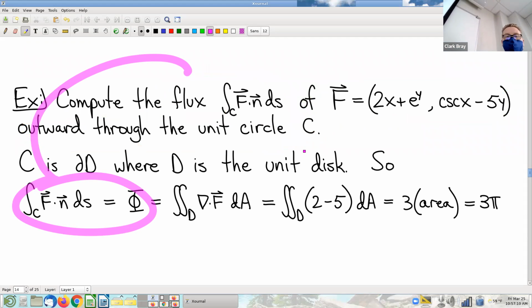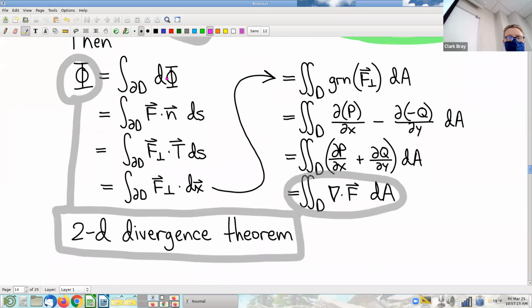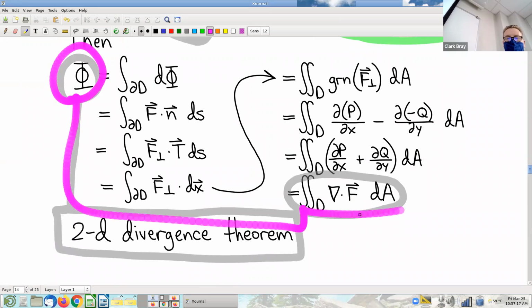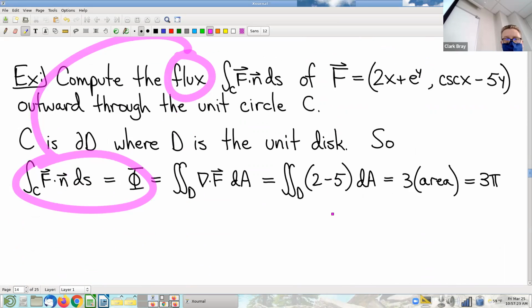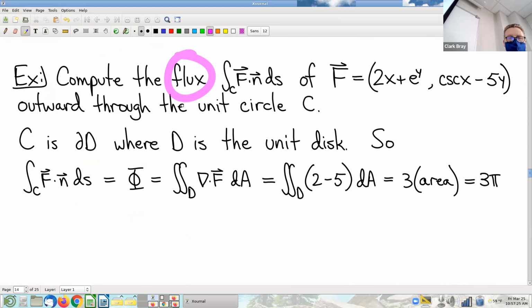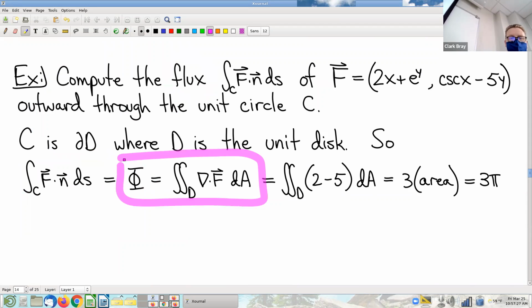The formula above says that flux is a double integral of the divergence of your vector field. So here we go. Now it's just a matter of plugging things in. And oh my gosh, did I again get a sign wrong?